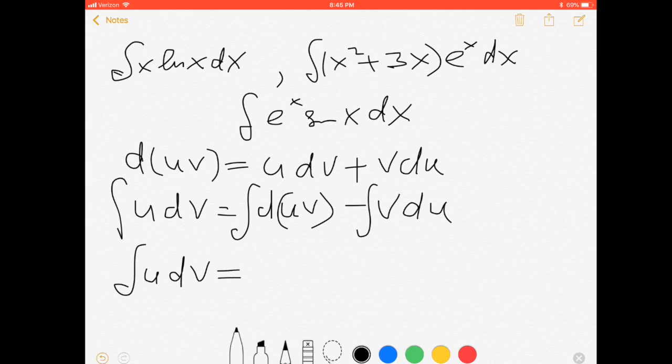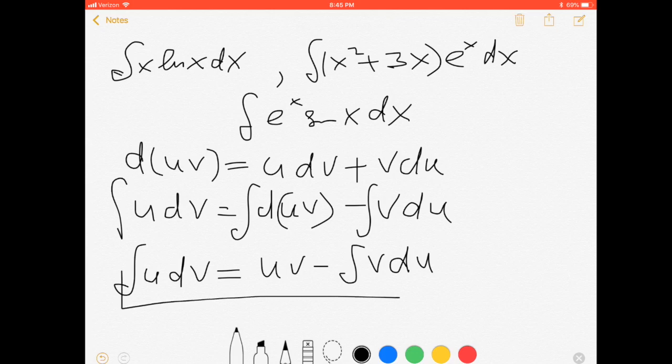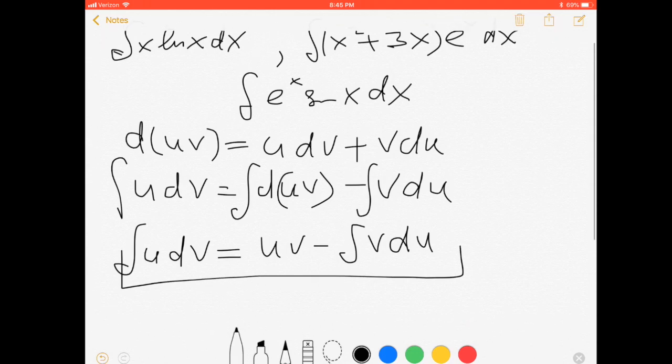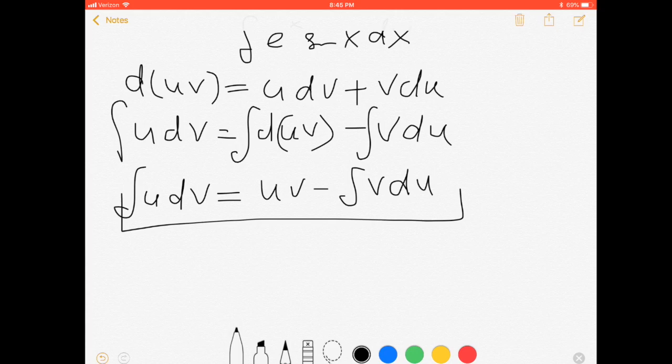Looking at the first term here, this is the integral of a differential, so they cancel and you have only uv minus the integral of v du. This is exactly the formula we need. I think it will be clearer if we do an example, but now looking here, you have a function and the derivative of a second function.